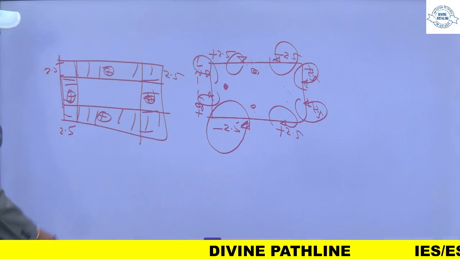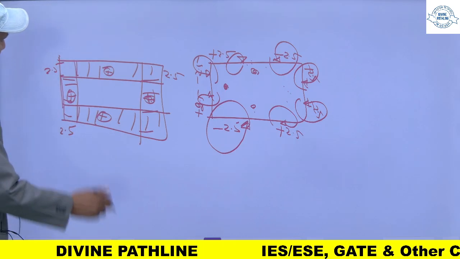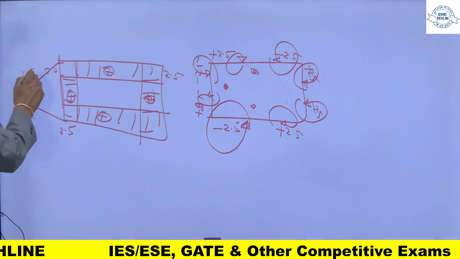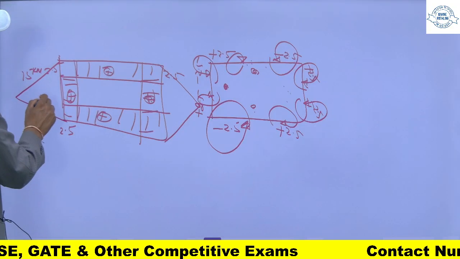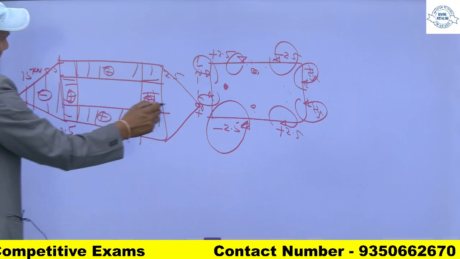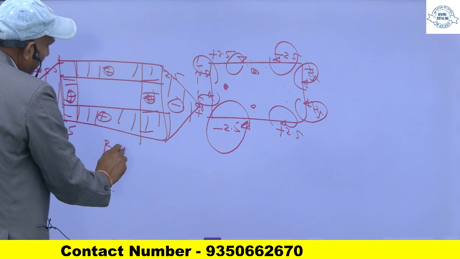So you can make hogging on this side. This is 15, and this also. Now this is a minus. So minus means like this.